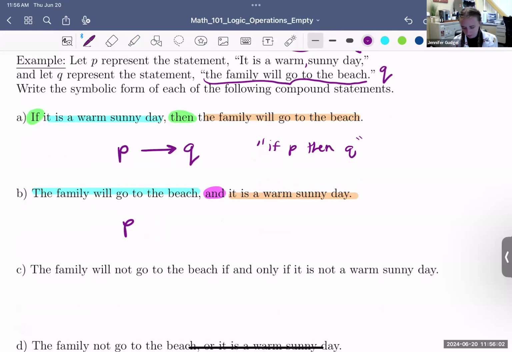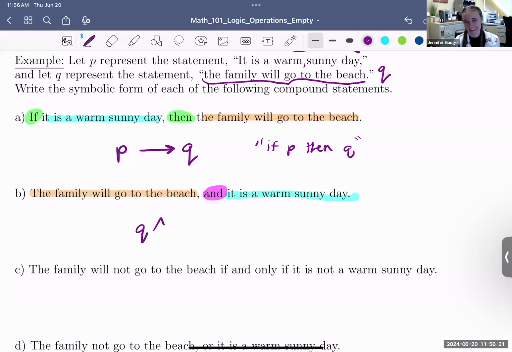I'm so sorry, I'm flipping them backwards. I did my color coordinating. The family will go to the beach was Q. My apologies. And P is it is a warm, sunny day. I apologize for that. I'm not going to change the video though. So it's Q and P. I'm just sorry if you wrote it down before I had a chance.